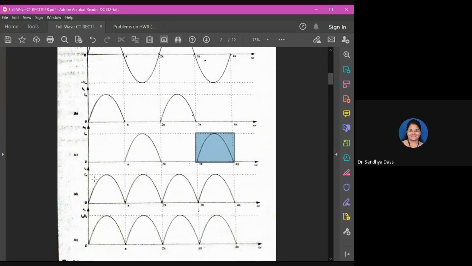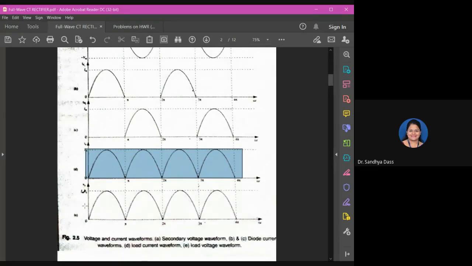The final output I0 is what is shown here. In both the half cycles, between 0 to pi, pi to 2 pi, and continuing from there, you will be getting output in the full wave rectifier.